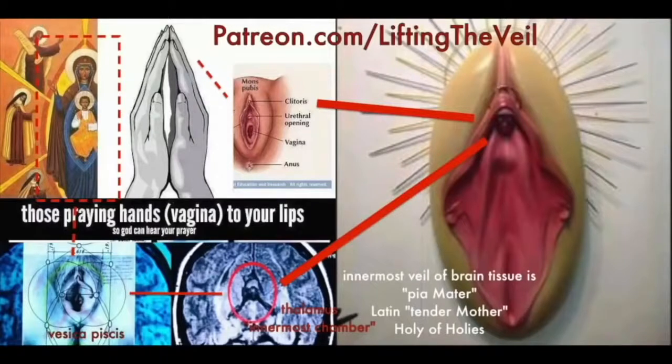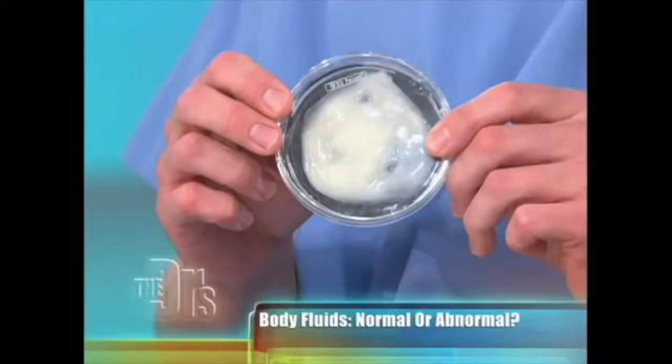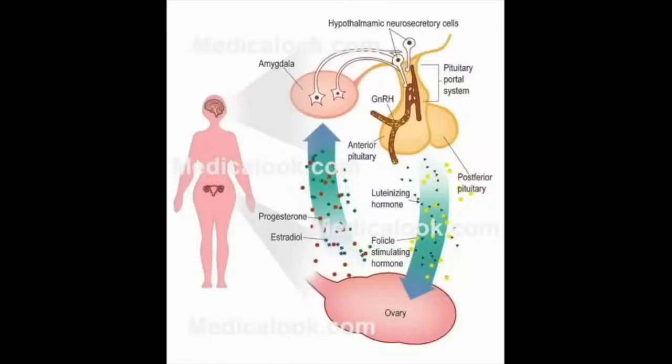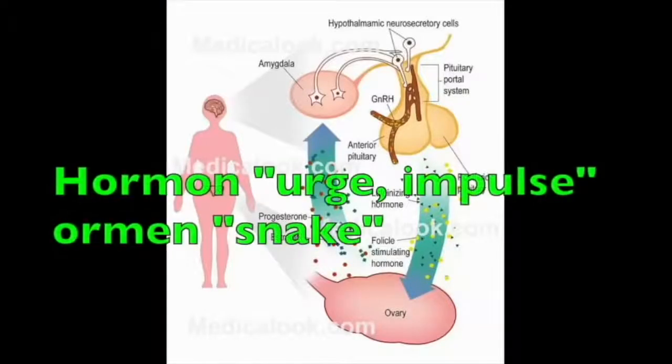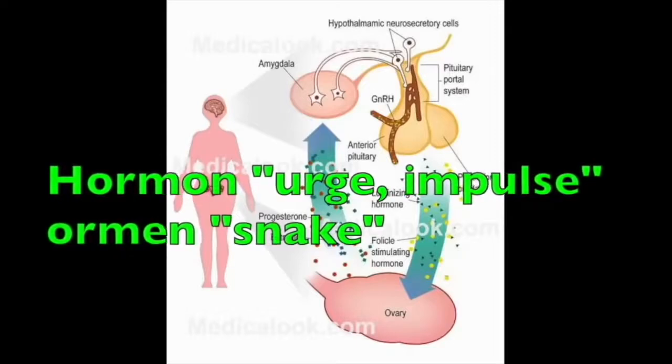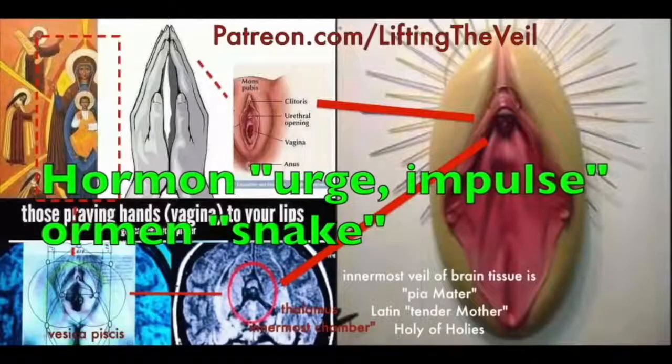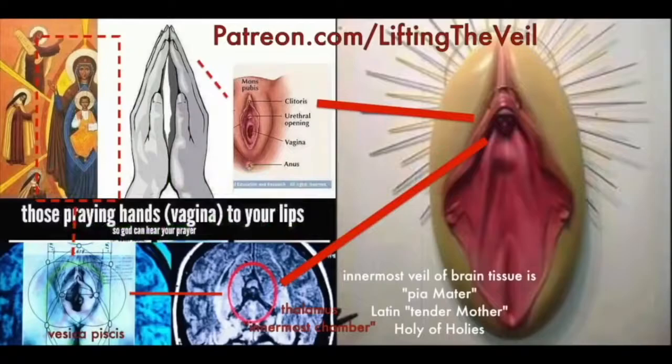And the sacral regions, in other words, the sacred sexual regions, the reproductive glands, are also where we find the sacred secretions, the secretions of the sacred hormones. Hormone comes from hormon, meaning urge, impulse, instinct. In other words, our first most basic urges.